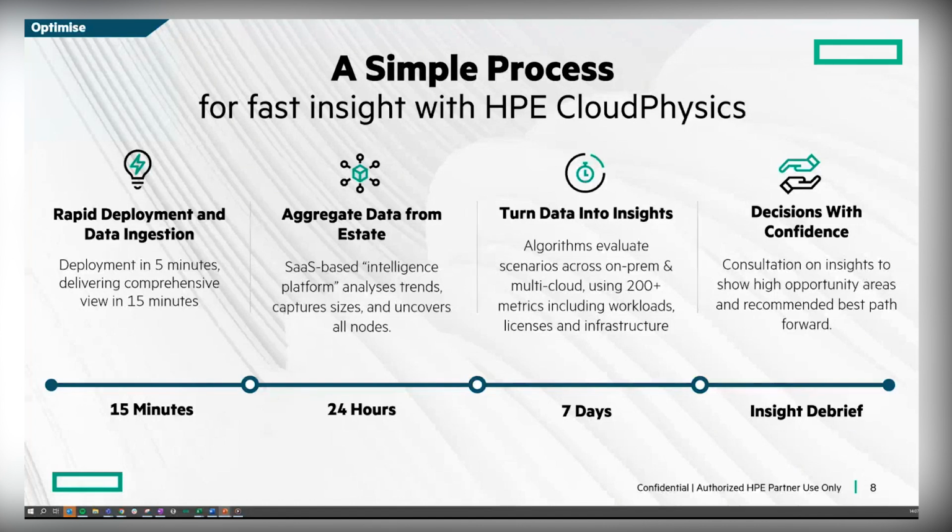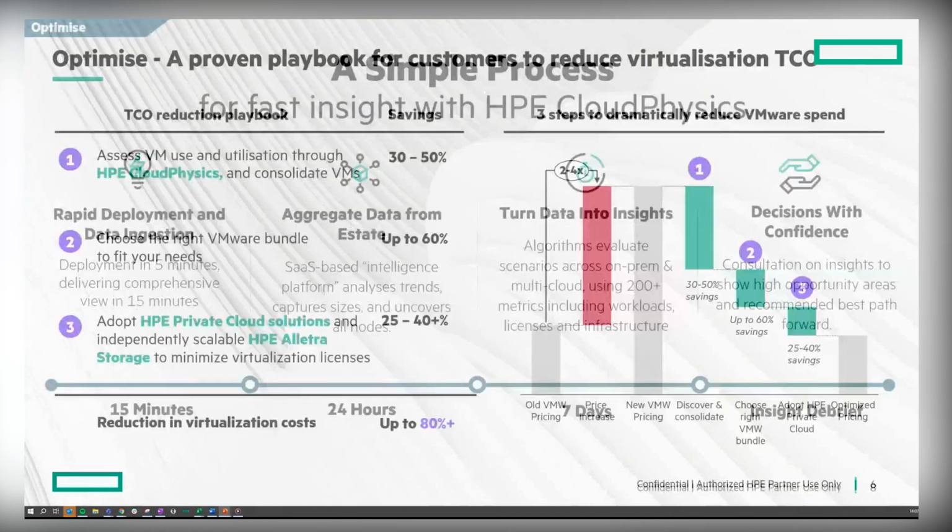It collects data insights within 15 minutes of deployment, so you can get a really nice accurate view into exactly what's going on in your environment. And then we recommend running an assessment like this for 7 days so that we can see any kind of peaks in the environment, whether you have a little spike when you do a backup every midnight, for example, so that we can optimize and help with your environment today to help reduce costs.